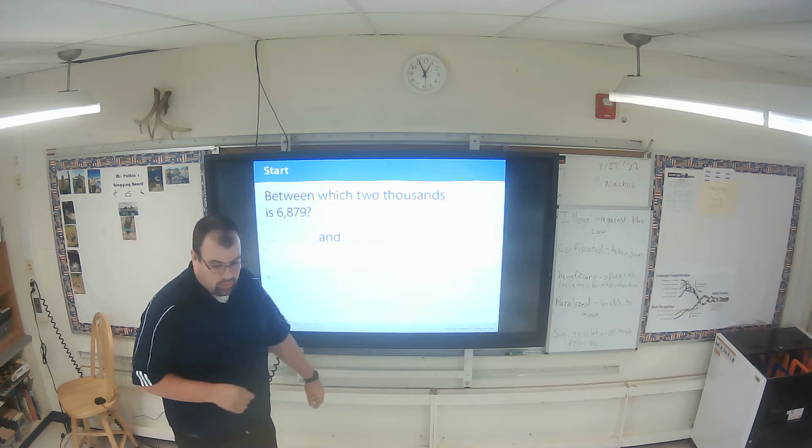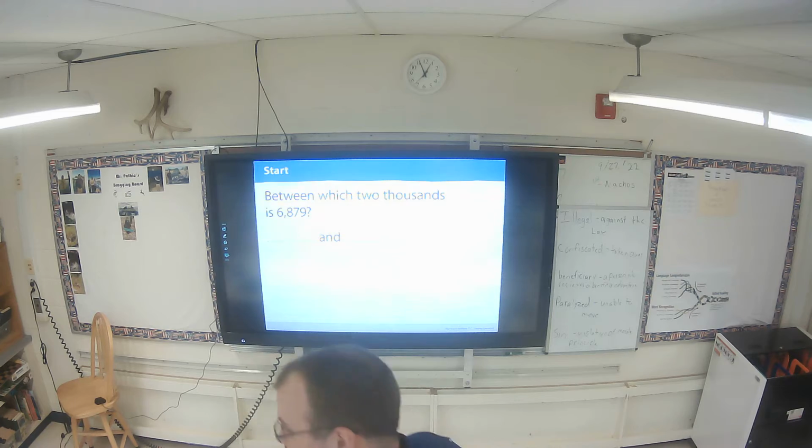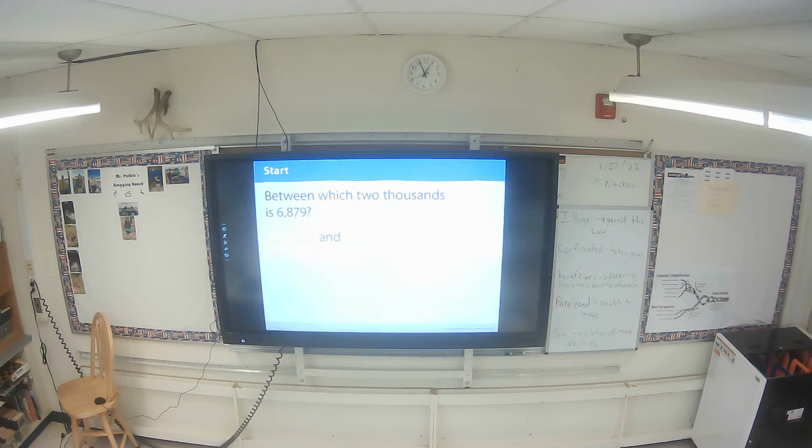So starting work, or warm-up work. Between which two thousands is 6,879? Well, between what two thousands is it between? Spencer, which one is lower? 7,000 is the highest, so I'd say 5,000 is lower. So 5,000 is the low one.